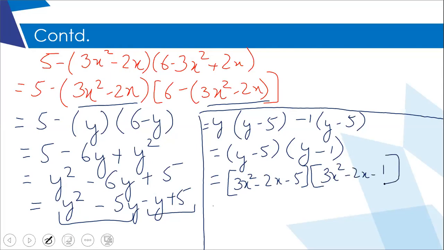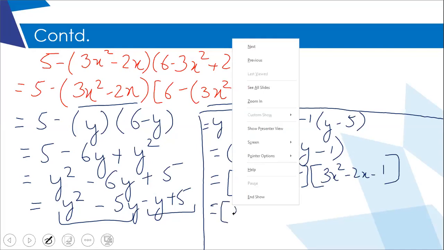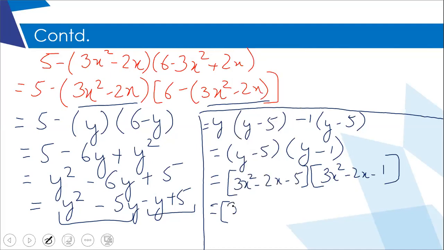Now again, you know what? These two square brackets are again quadratic expressions. You have to split this also. Oh my God. So 3x square, minus 15x square I want. So how do I split it?